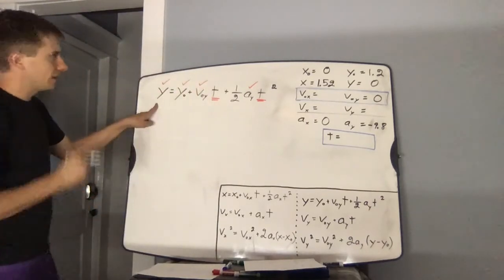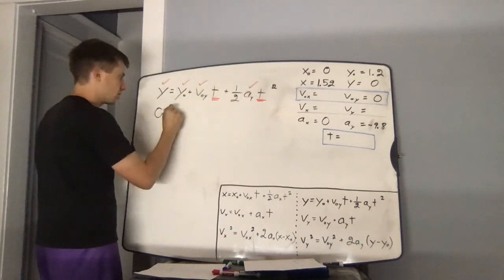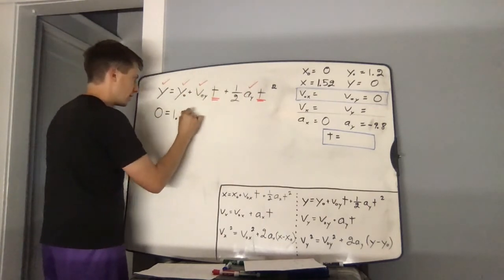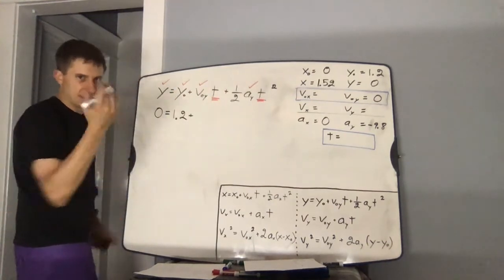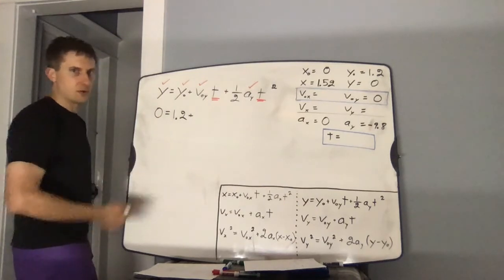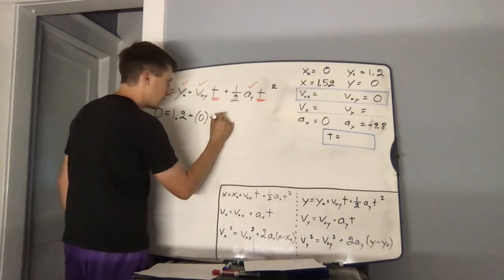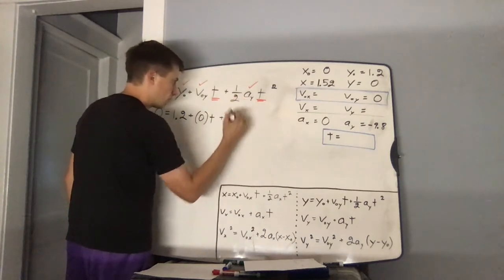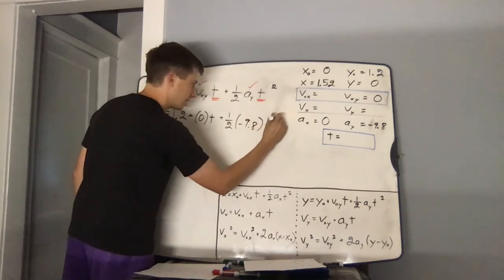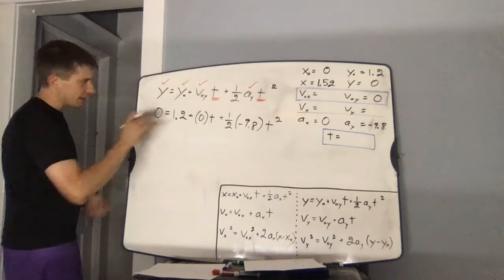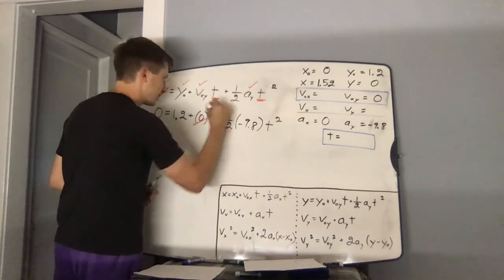So y final is 0, y initial is 1.2, v naught y is 0. I'm going to write every term out, and then even though we have a multiplication by 0, in the next line I'll get rid of it. So 0 times t plus 1/2 ay, negative 9.8, times t squared. Okay, 0 times t, this term is going to be 0.